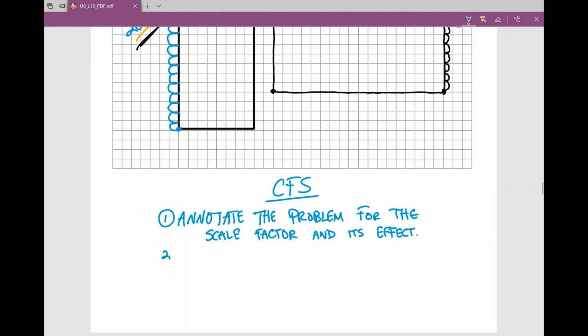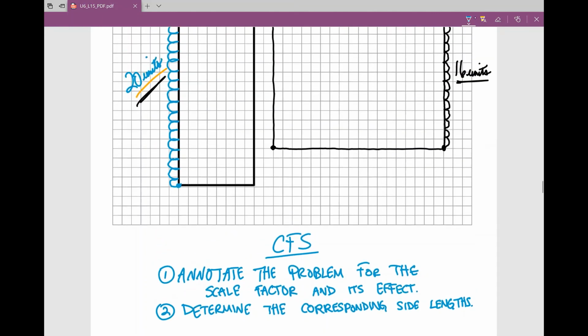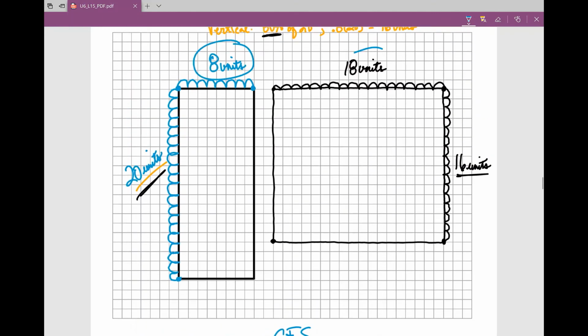And number two, we determine the corresponding side lengths. So for example, corresponding side lengths here are the horizontal ones. Then another pair of corresponding side lengths are the vertical ones.